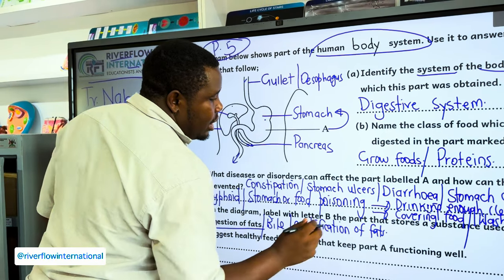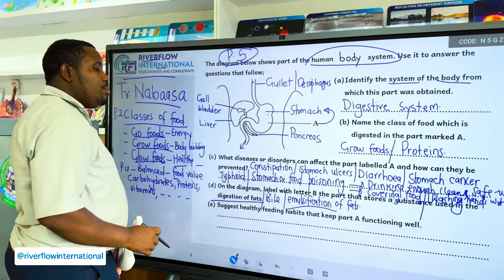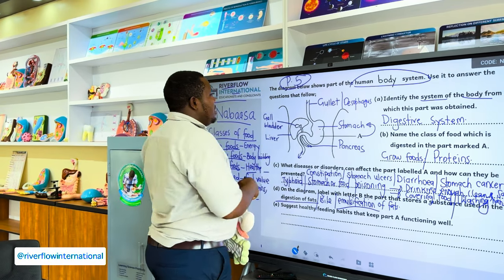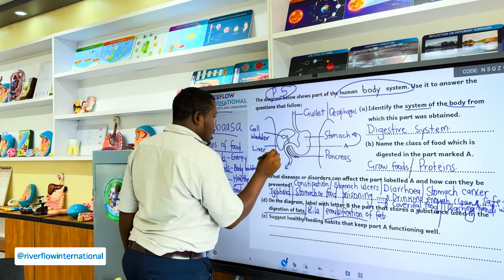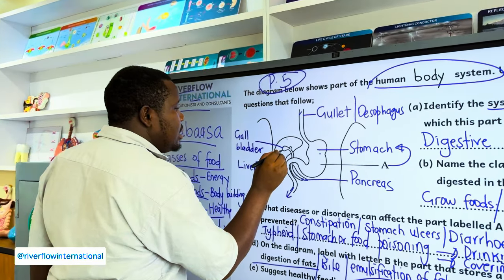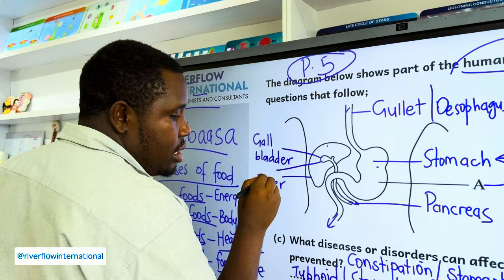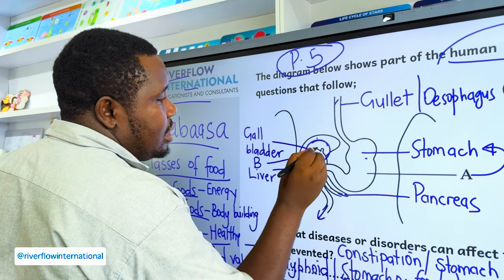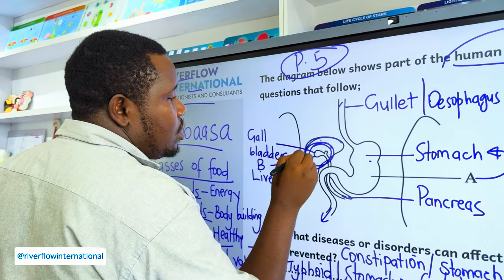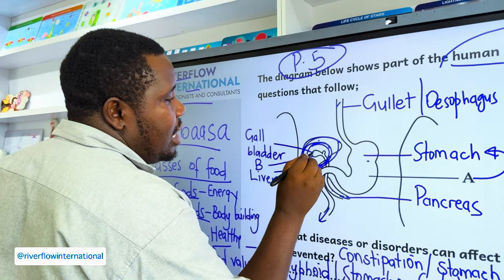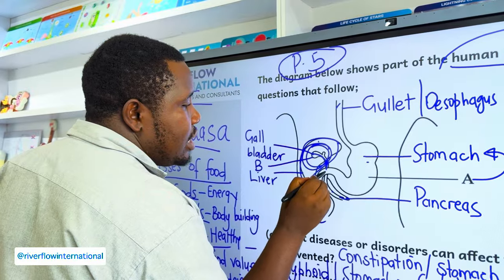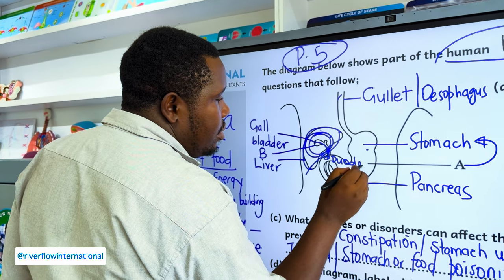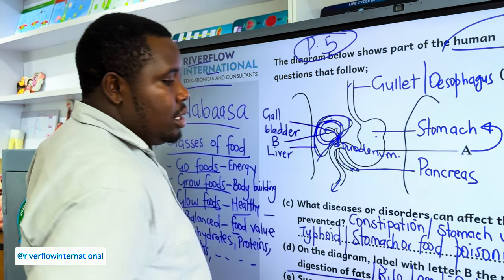The fats are broken down into small particles that can be digested. And this part is here. We had already labeled it, so we label it B. This gallbladder is within or attached to the liver, and it produces bile, which moves like this and comes here into the duodenum. So basically that is it.